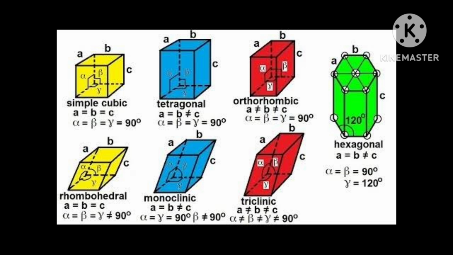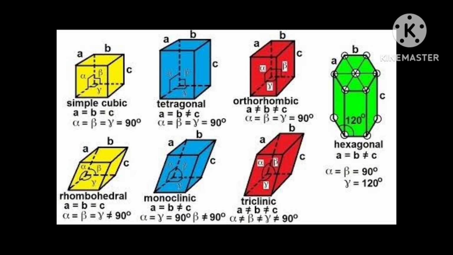Generally they ask for examples and conditions, angles and sides. So in tetragonal the examples are white tin, SnO2, titanium oxide, calcium sulfate.